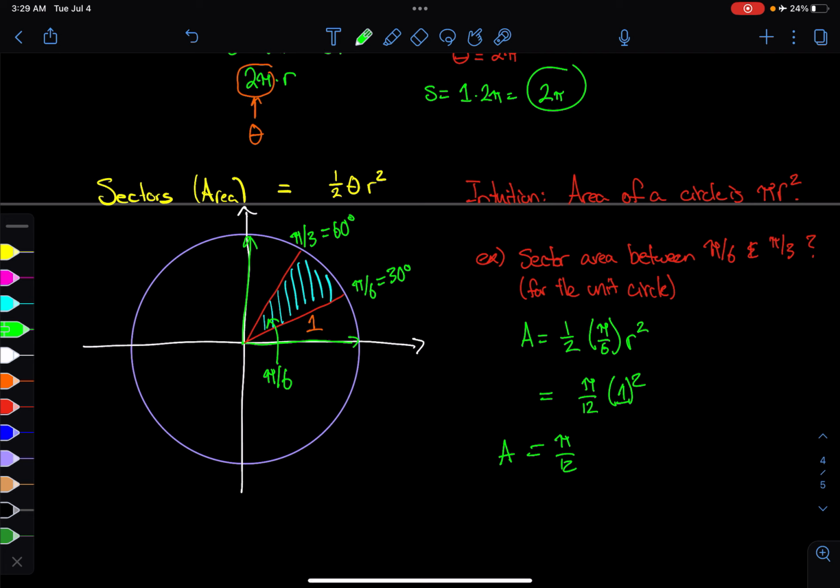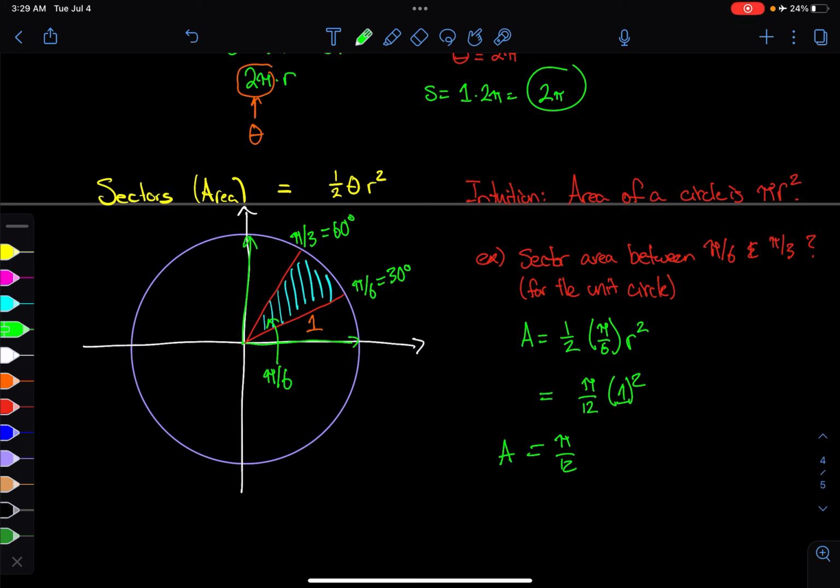So if we were, for instance, filling up with cement, right? If I needed to cement in this part of this circle, maybe it's a swimming pool or a walkway or something, I would need maybe pi over 12 square feet of cement to fill it in. And so that right there is the area of a sector.